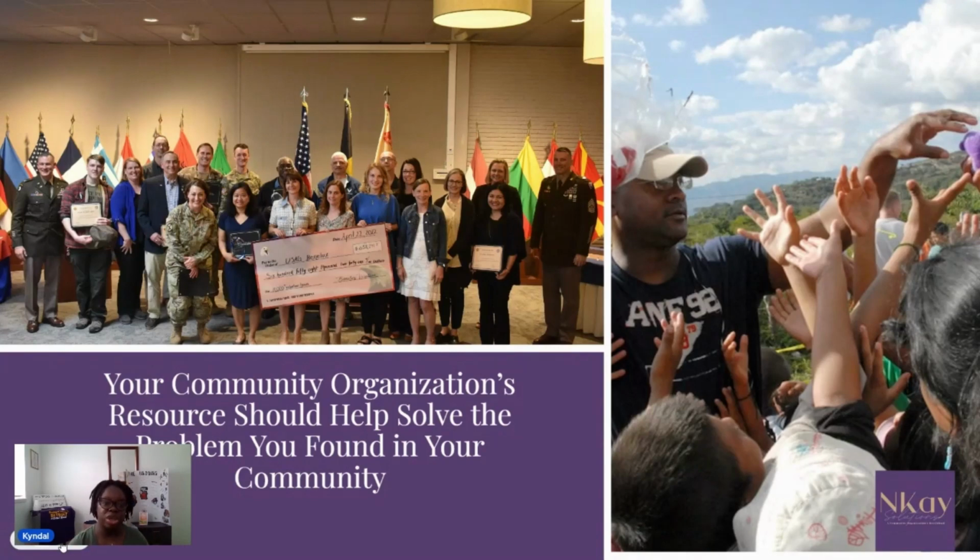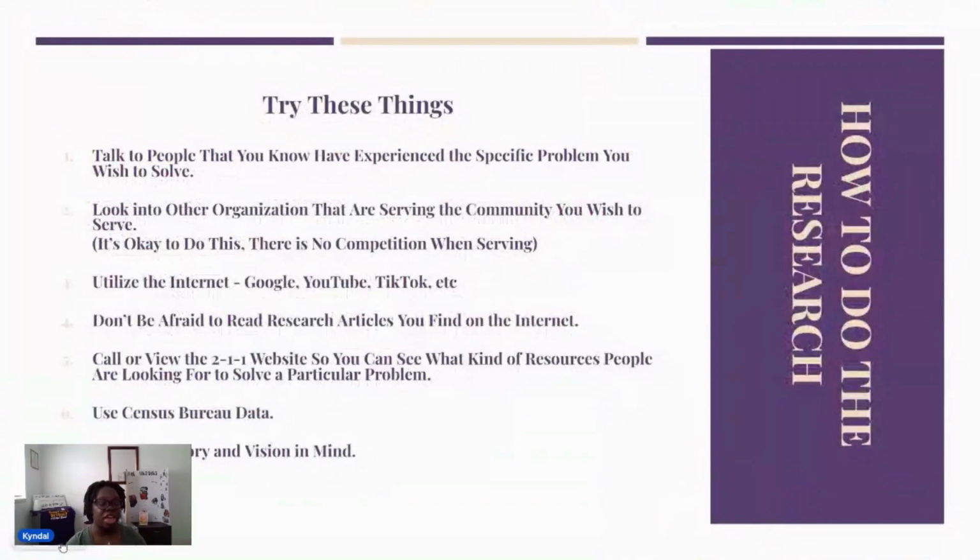Last week, when you went through the research worksheet, it helped you figure out the problem that your community was having. And these are some of the ways that we talked about you could do that research, right? You could talk to other people, you could look into other organizations, you could utilize the internet in all aspects, whether it be Google, social media, YouTube.